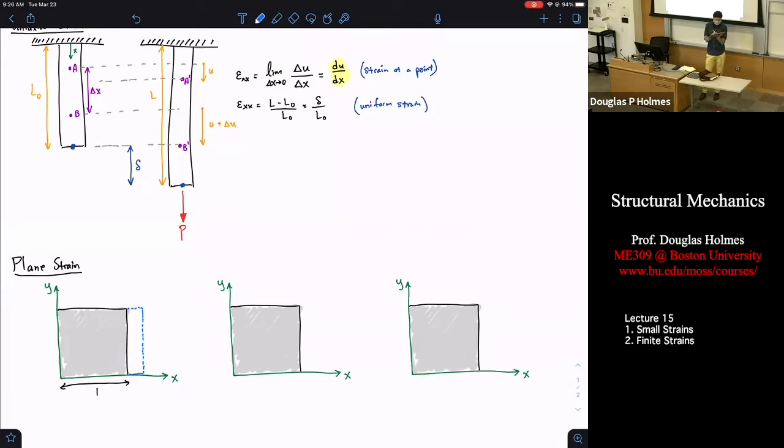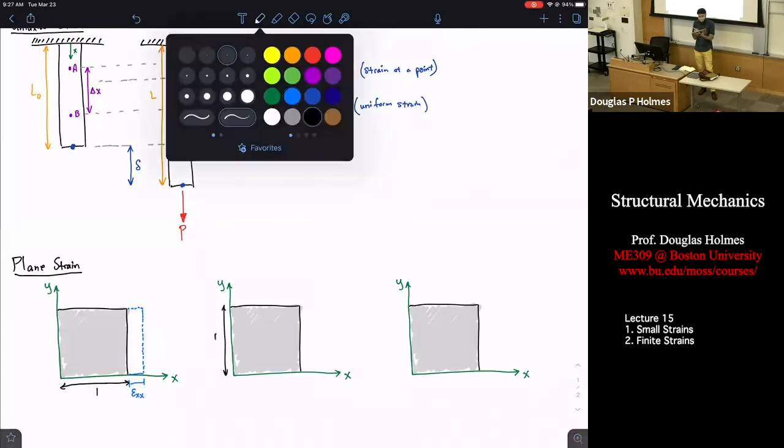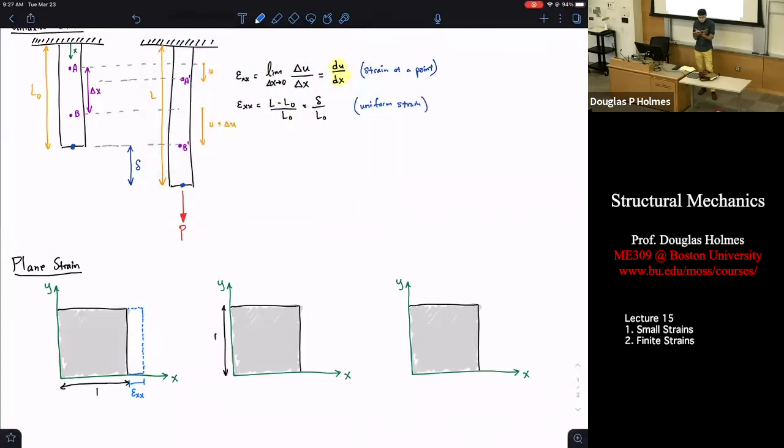This distance between here and here is our strain in the x direction. If we again take this length to be 1, then we can do the same thing up here. I'll now just stretch it in the y direction. And if that distance is 1, then this distance is my strain in y.